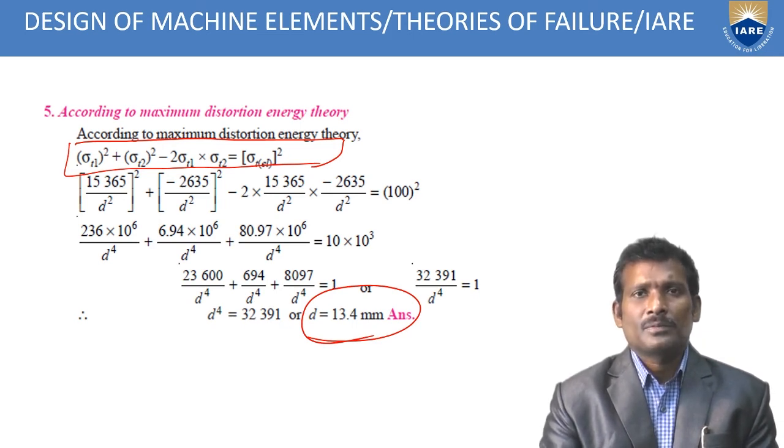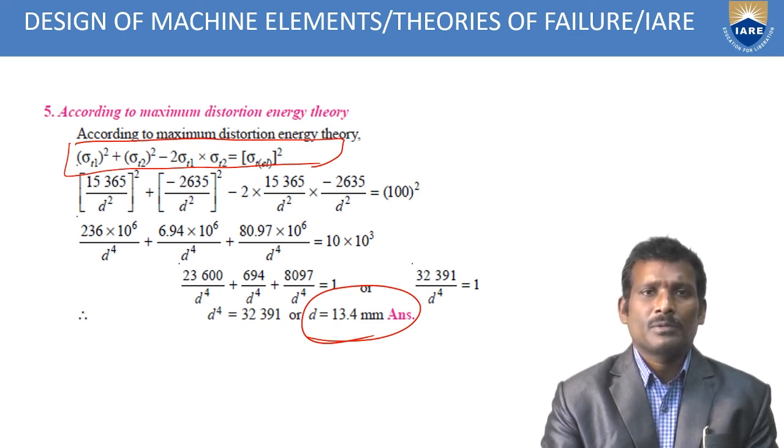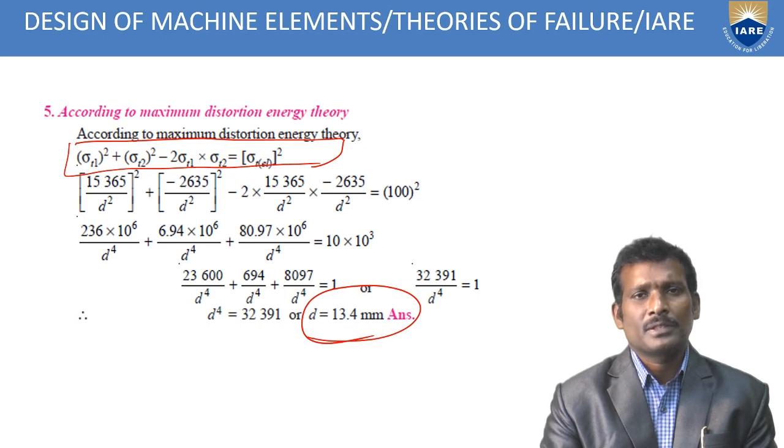So observe here the D value according to maximum principal stress theory, maximum principal strain theory, shear stress theory, and distortion energy theory also we have calculated. So which value is the larger? Find out.